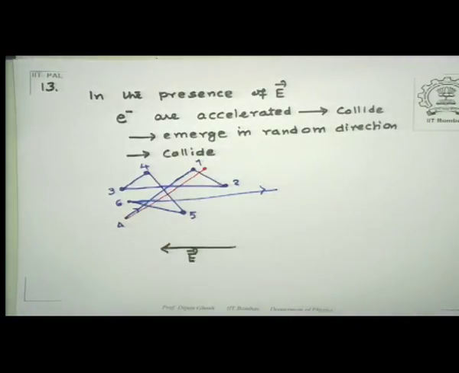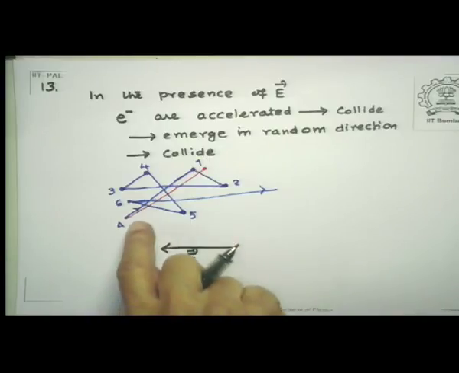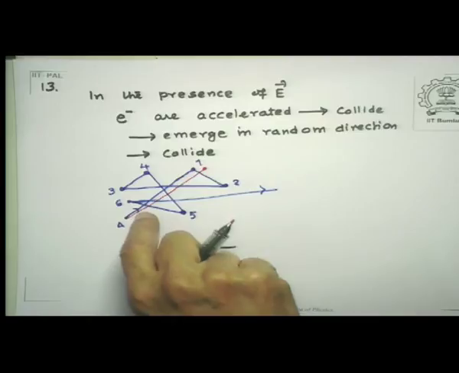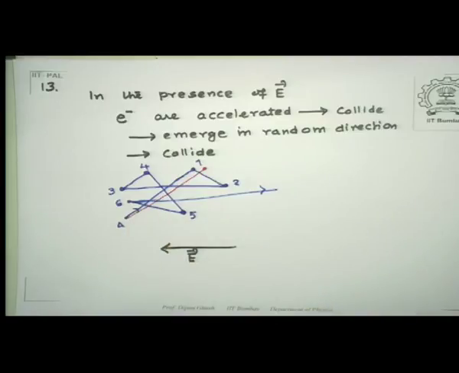Now this path, though I have shown it as a straight line, is actually slightly curved, though over this length scale it would appear to be a straight line. The reason is that my direction of the acceleration due to the electric field and the direction of the velocity are not the same.